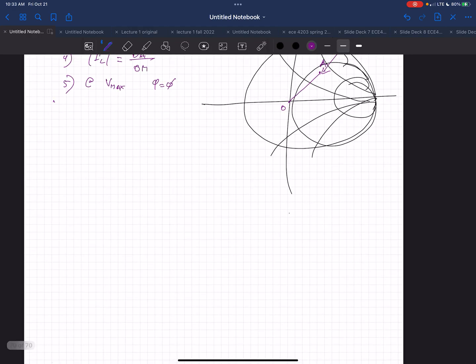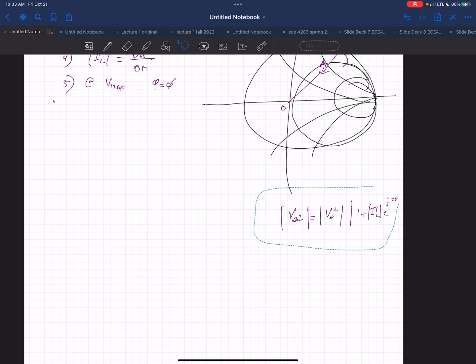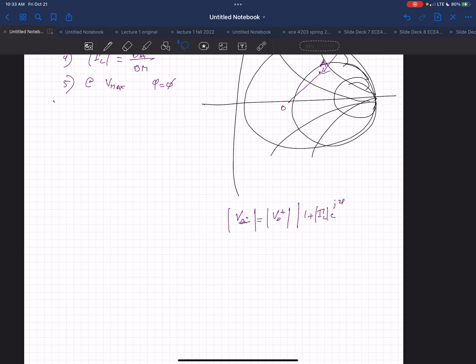The line voltage is V0 times the amplitude of 1 plus gamma L e to the j(2 beta L plus phi sub L).